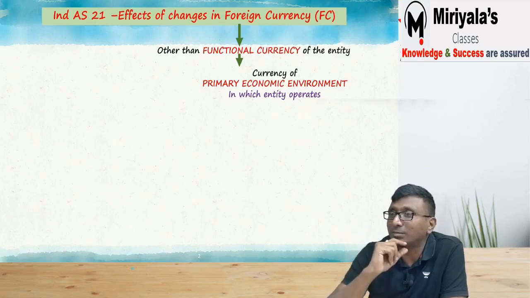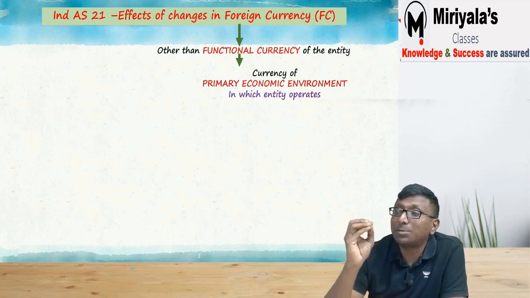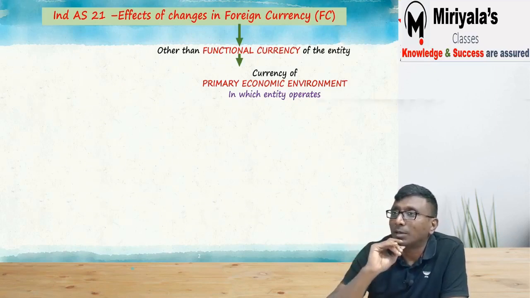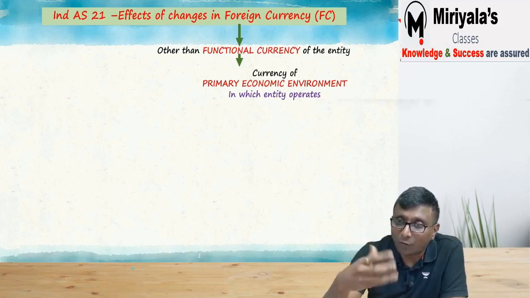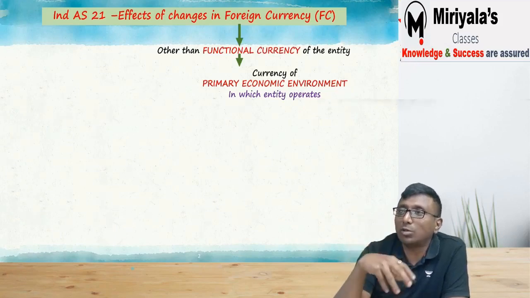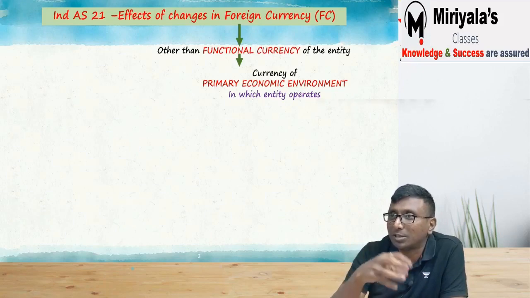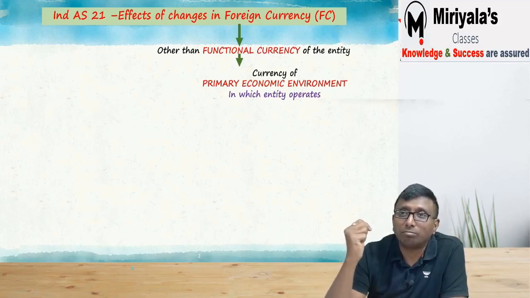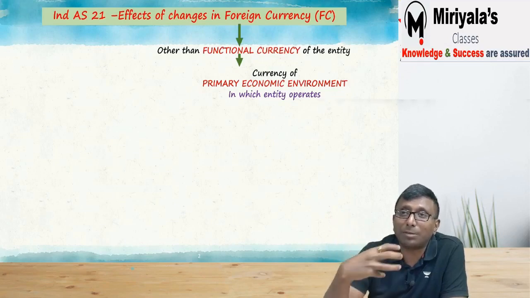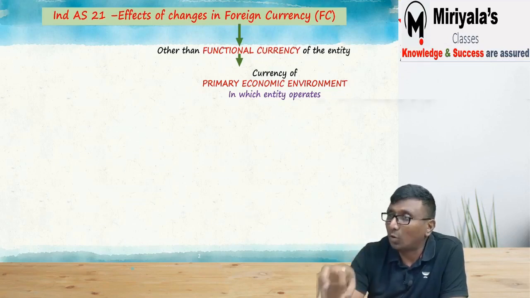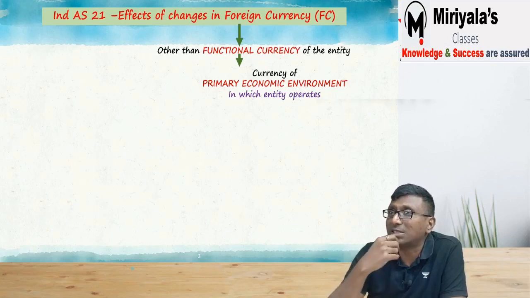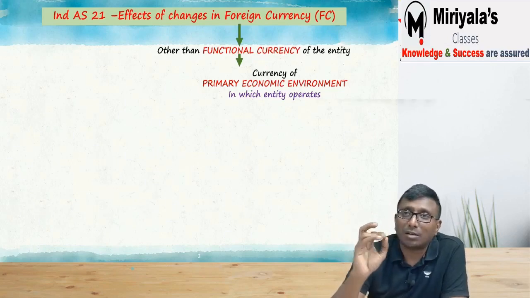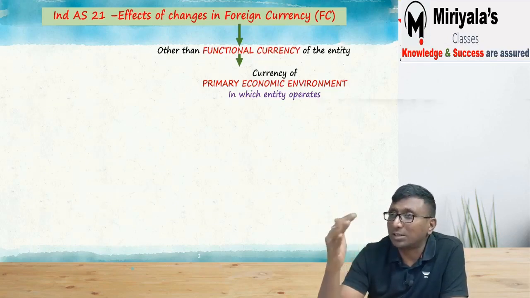Primary economic environment means market. It is the currency of that market where you are also participating. Sir, I am in the Indian market, primarily my business is in India. Okay, in India what currency is used? Rupee, sir. Rupee is your functional currency. That's all, closed matter.